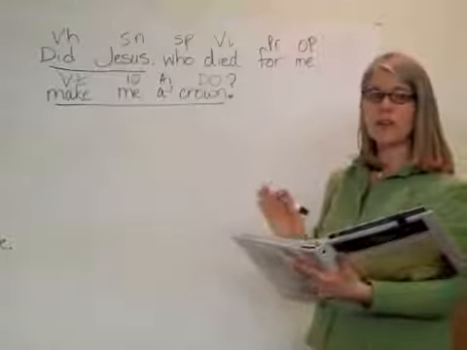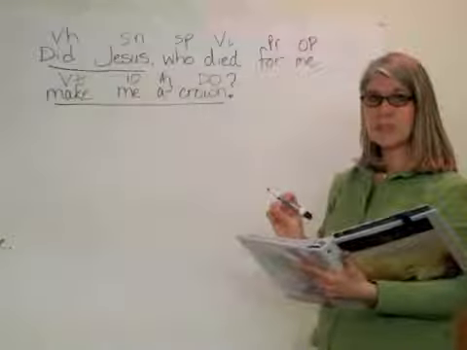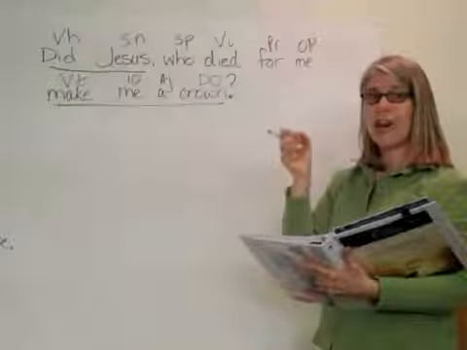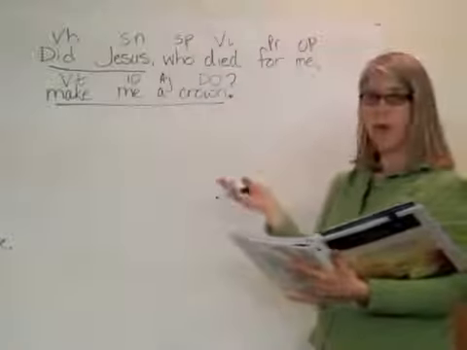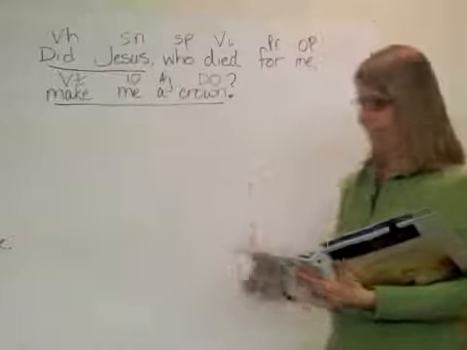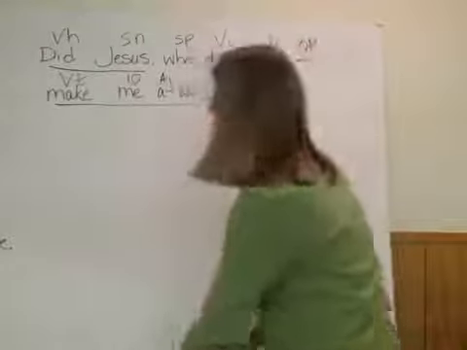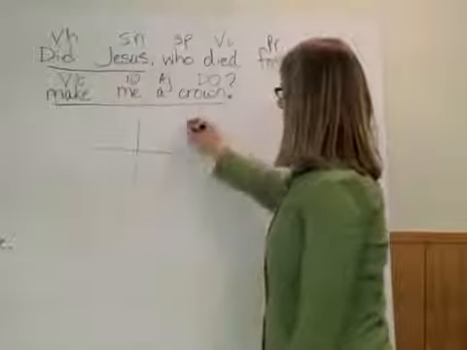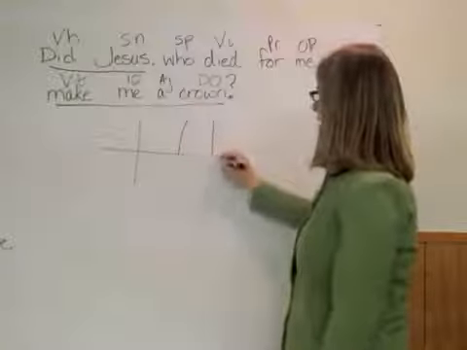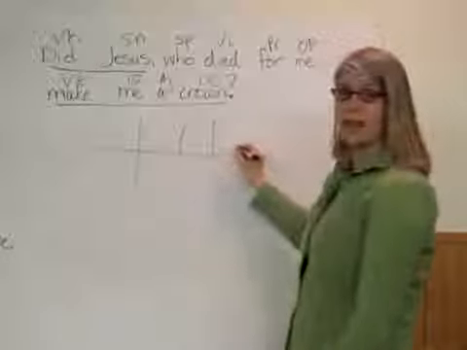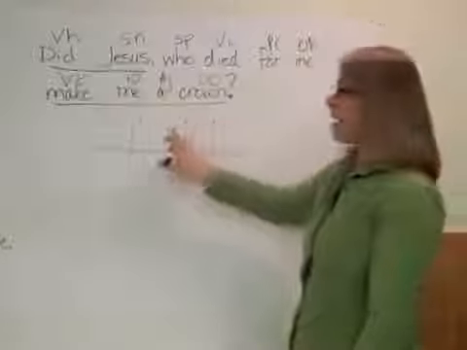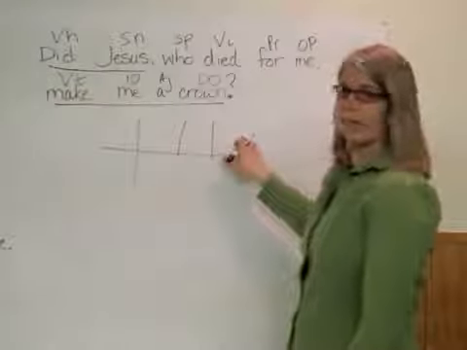The reason why you want to identify those patterns is it should link in your brain back to what you've memorized on chart A for the next step. How do I diagram these? Well, if my main pattern is subject, verb transitive, indirect object, direct object, and I've memorized that from chart A, I know what the lines should look like, and I know what goes in each of these spaces.